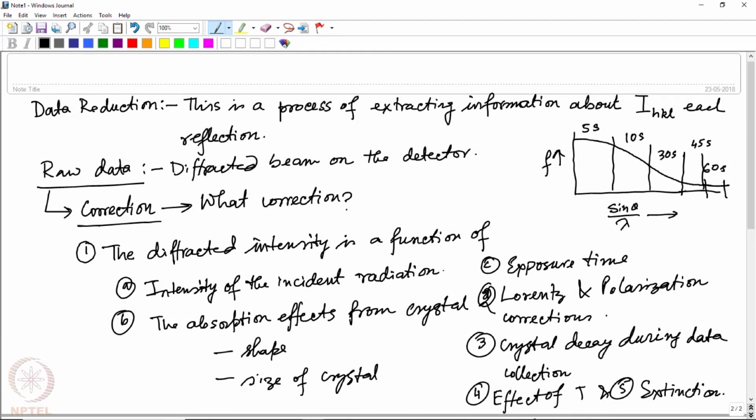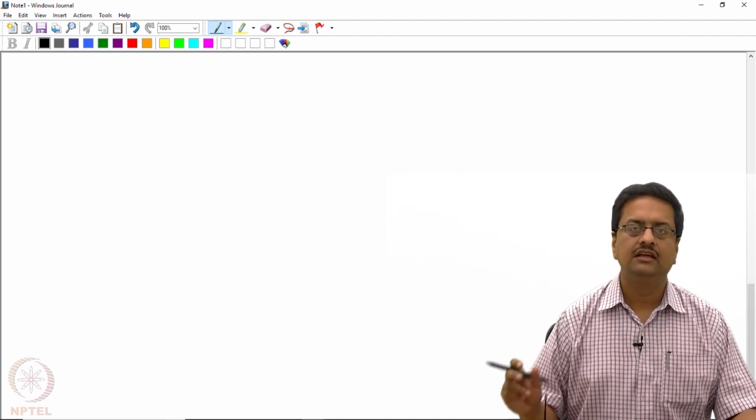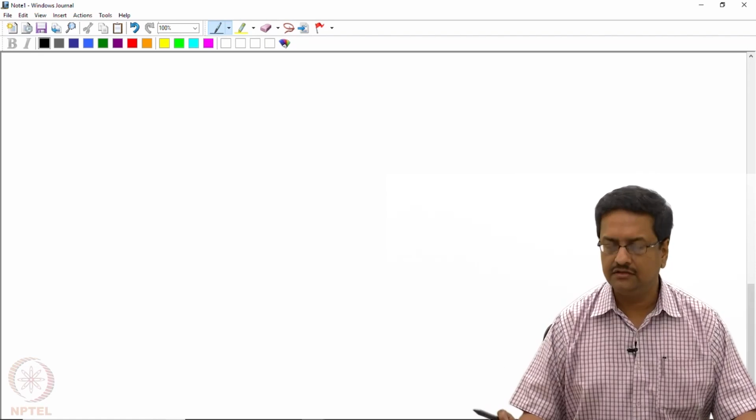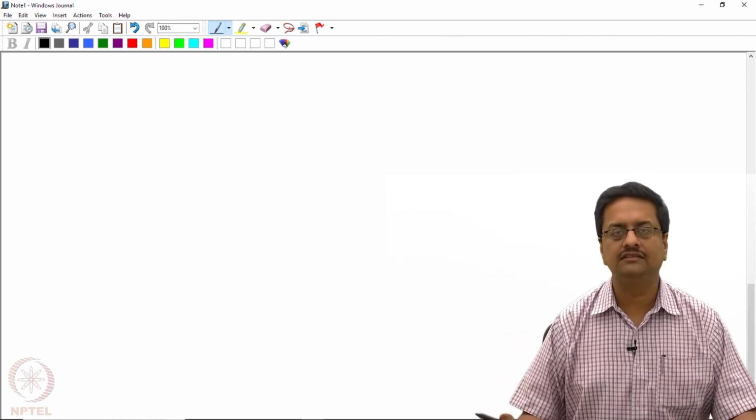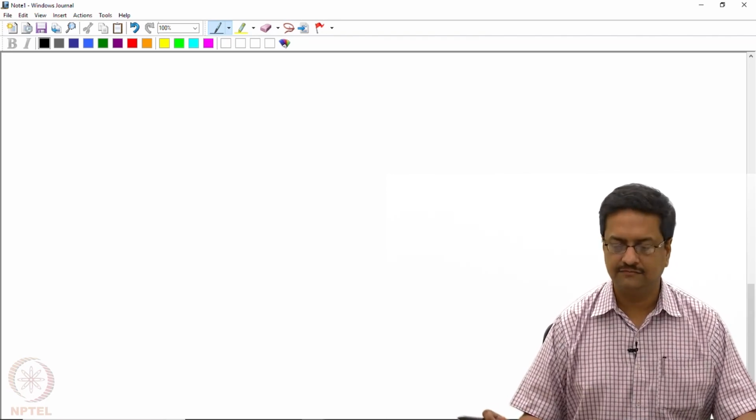Then I indicated the absorption effects from the crystal. The absorption is very important. Why? You may have noticed in UV visible spectrophotometry, if the path length of the cuvette is increased, the absorption of radiation increases.